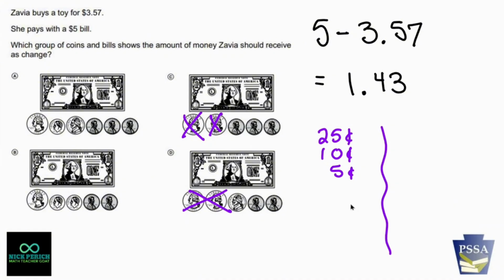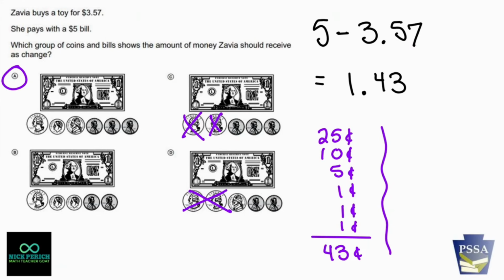And 1, 2, 3 pennies, so that's 1, 2, 3 cents. Now, if we were to go to our calculator and type that out, we would end up with 43 cents. So $1.43 is going to give me A.